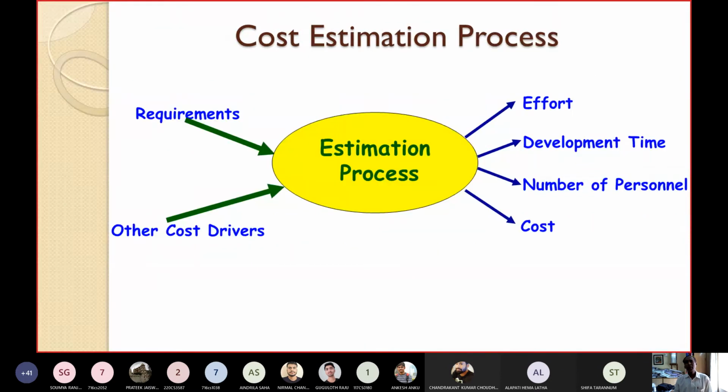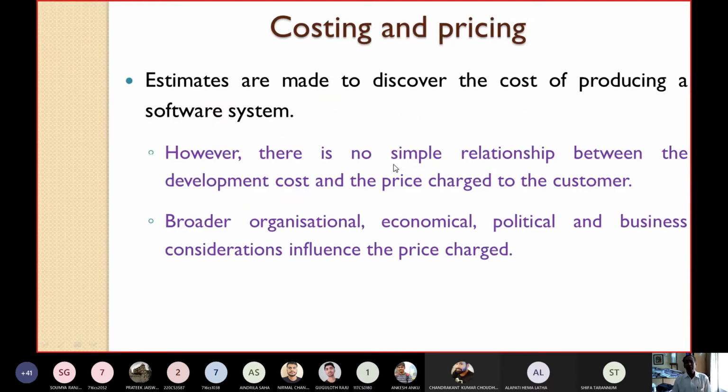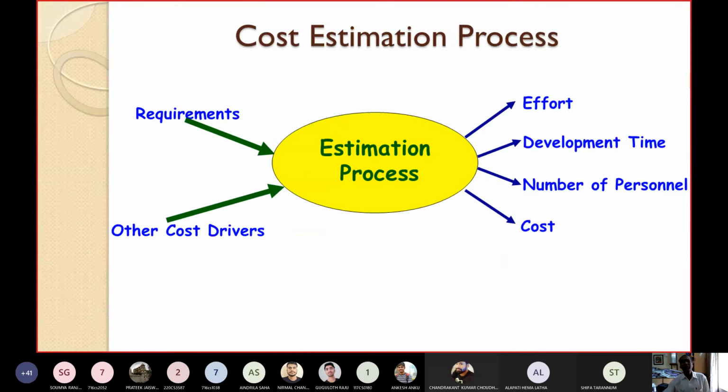Here, you see, this is the cost estimation process. We require as input the requirements and other cost drivers. We'll see some cost drivers later on. Some of the drivers you can consider are organizational factors, economical factors, political factors, and business factors.